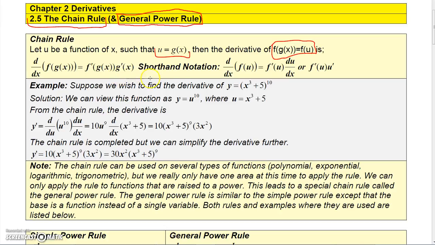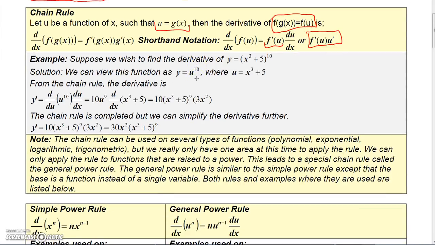Now, the shorthand notation for the chain rule is that if you wanted to take the derivative of f of u, that would be f prime of u times the derivative of u with respect to x, or an even shorter version would be f prime of u times u prime.